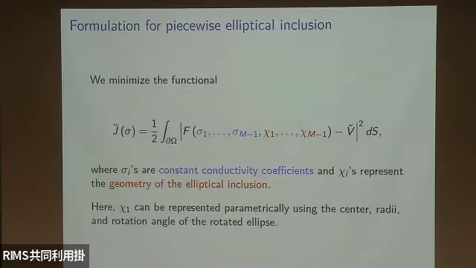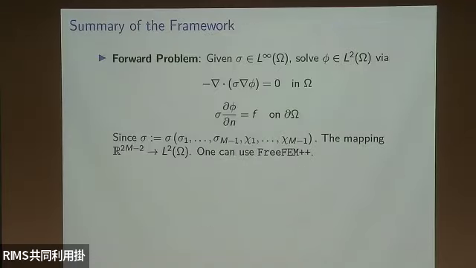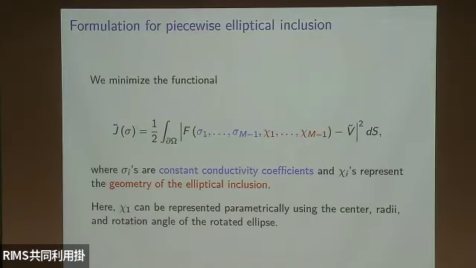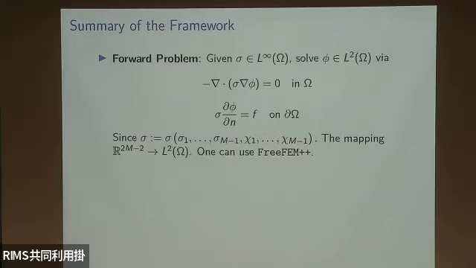Here, we can represent chi sub i as elliptical inclusions. Each can be represented by the center, the radius, and the angle of rotation. Later, I will show more details about how you represent chi sub i in finite dimensional settings.